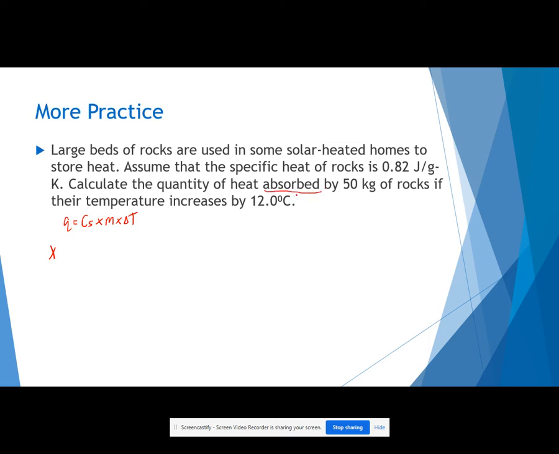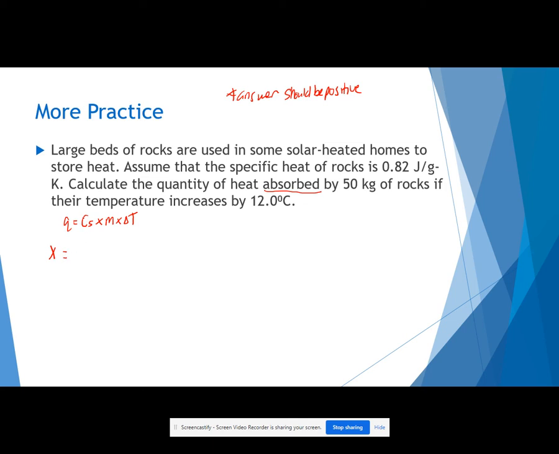So if it's absorbing heat, that tells me that my answer should be positive since we are absorbing that heat. If you get a negative answer, that means you have released it. So that just gives you a little hint there.